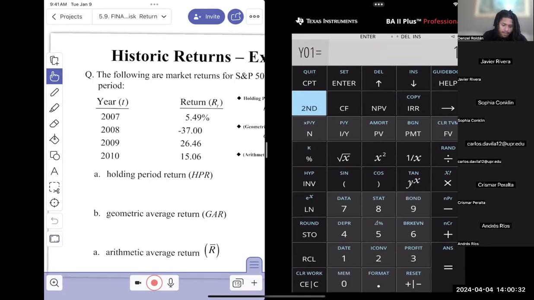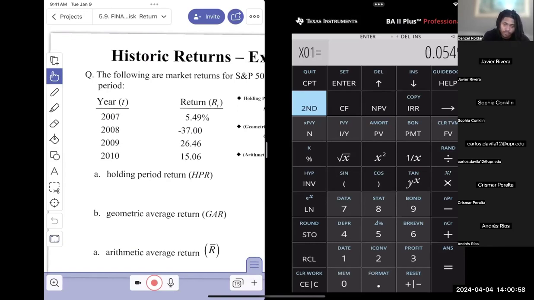0.0549, enter, down, and I skip over y because I only have one variable, I don't have two. Then 0.37 negative, enter, scroll down, then 0.2646, enter, scroll past the y, and finally 0.1506, enter, down.